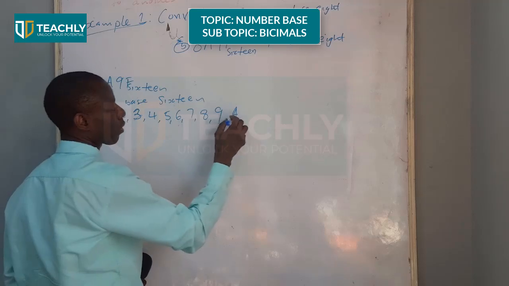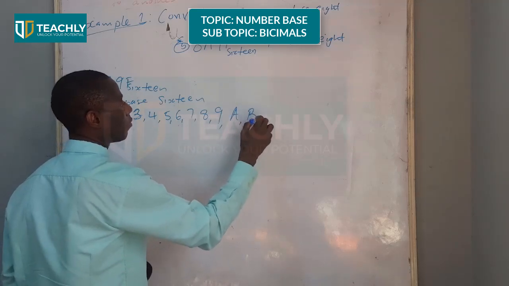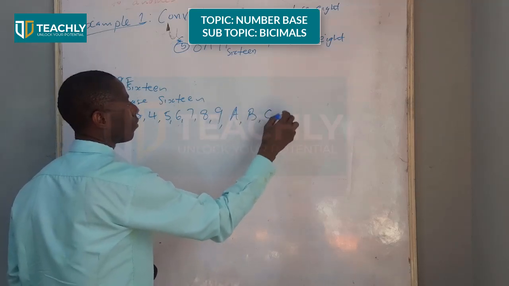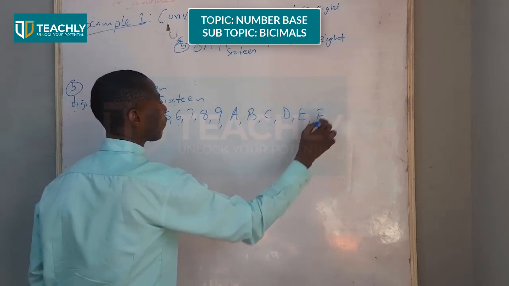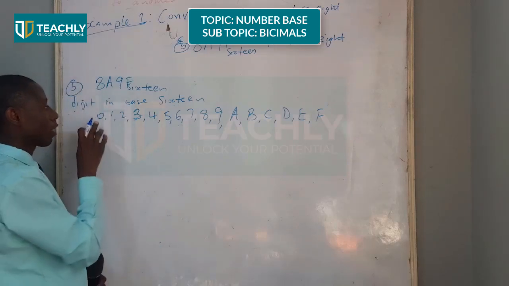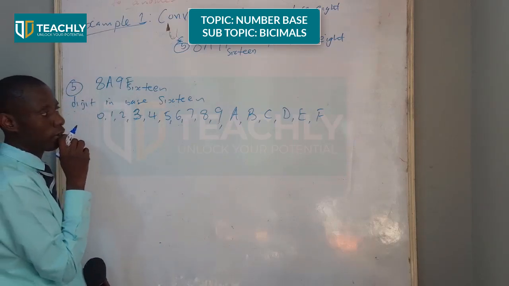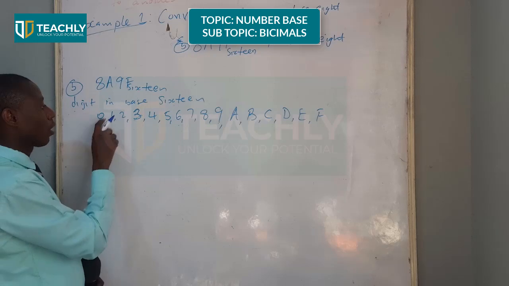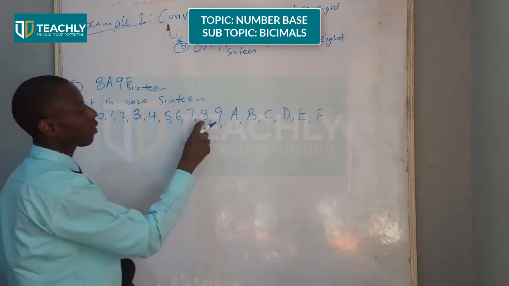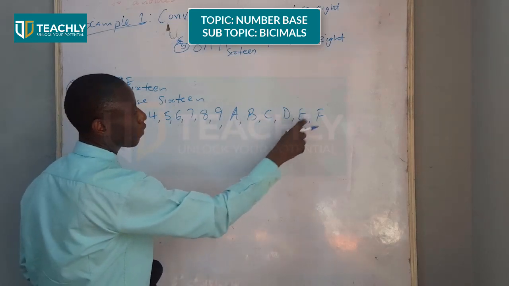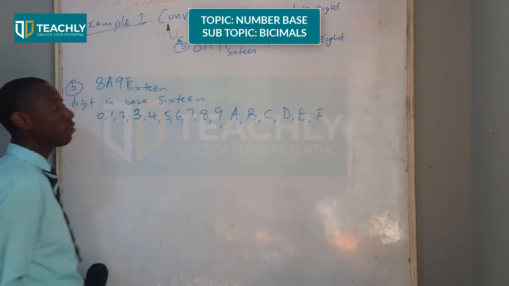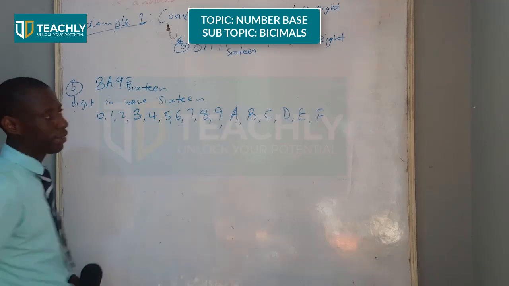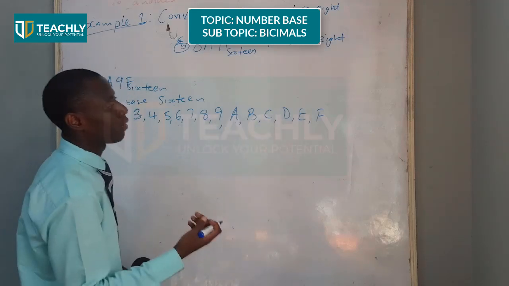So A is 10, B is 11, C is 12, D is 13, E is 14, and F is 15. If you count them, you have 16 digits. So anytime you see letter A, it means the digit number what? 10. If you see letter C, it means digit number what?